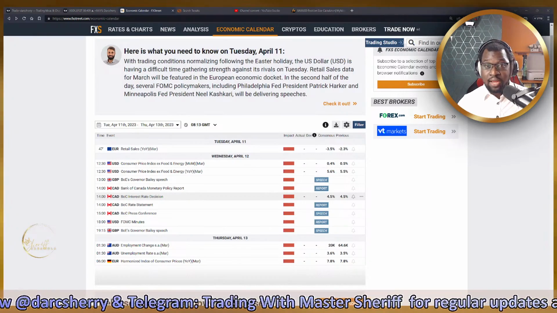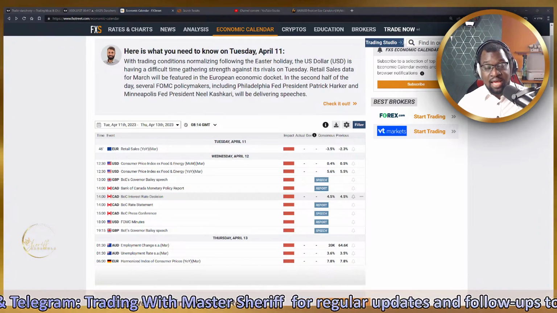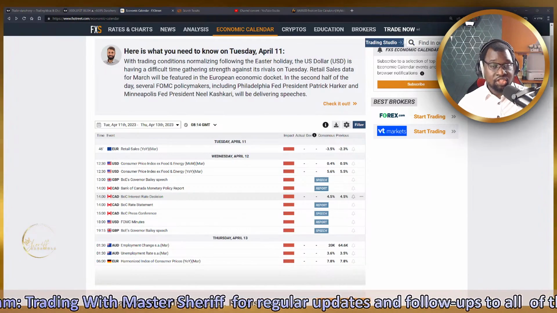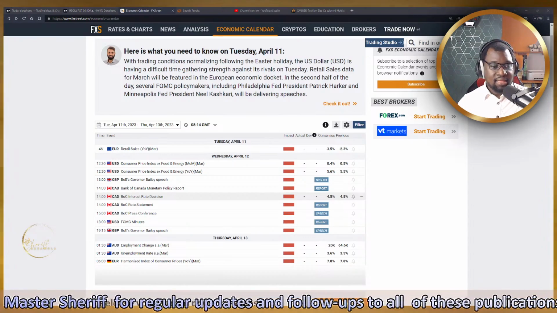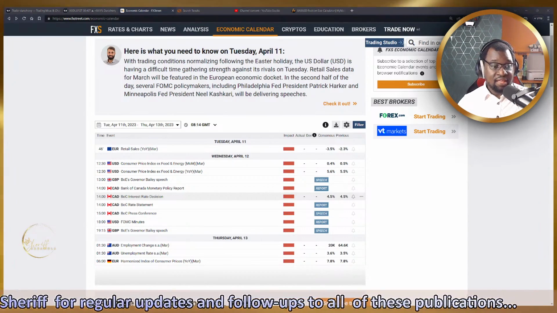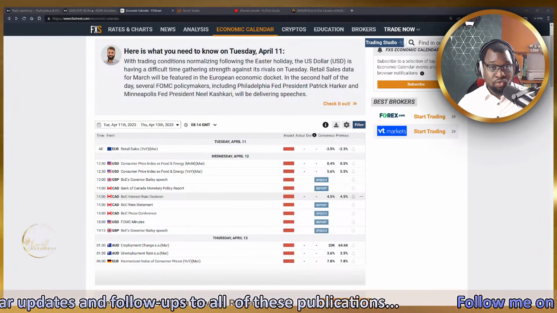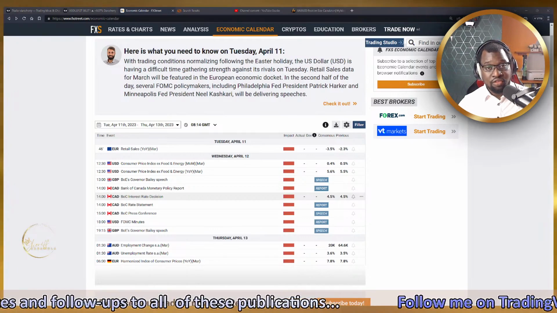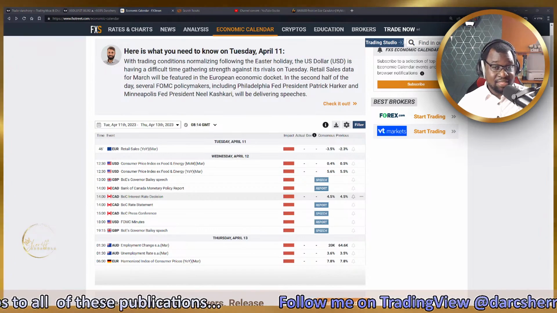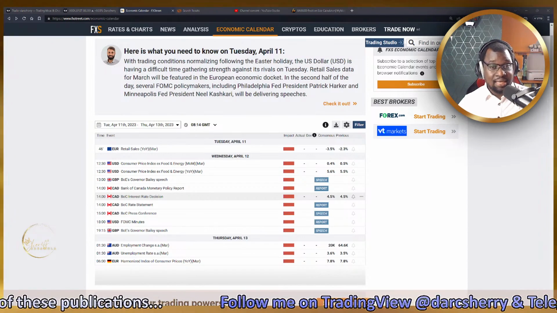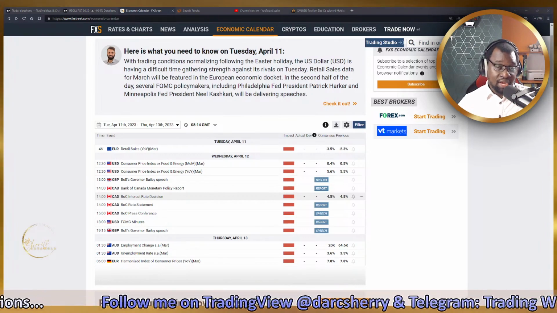We have the Bank of England's governor tomorrow as well, who is going to be giving a speech, and that will also give us an inclination into the health of the UK economy. Then on that same day, we have the FOMC minutes, which is an event everyone is looking forward to, as it's going to be deliberating on the future interest rate decision from the Fed, and this will give us an insight into what is likely going to be happening in the month of May as regards the interest rate hike.